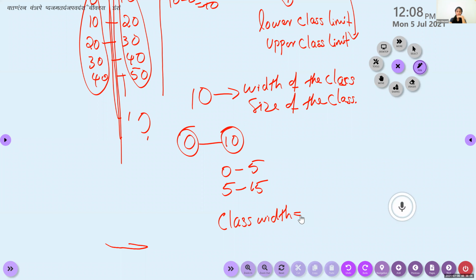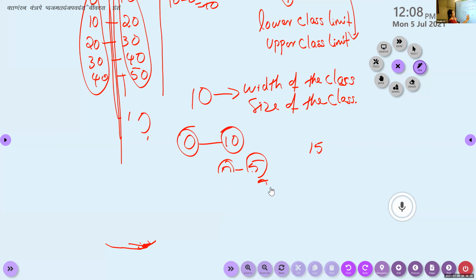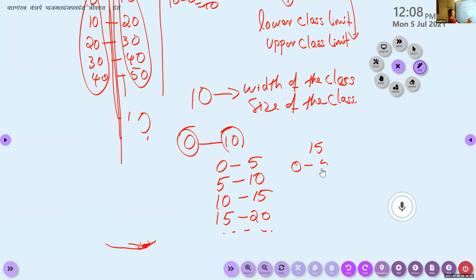Class width is the difference between the upper class limit and the lower class limit. If these are the groups, classes, what is the difference? 0 to 5, 5 to 10, 10 to 15, 15 to 20, etc. So 0 to 5 is a class, 5 to 10 is the next class.